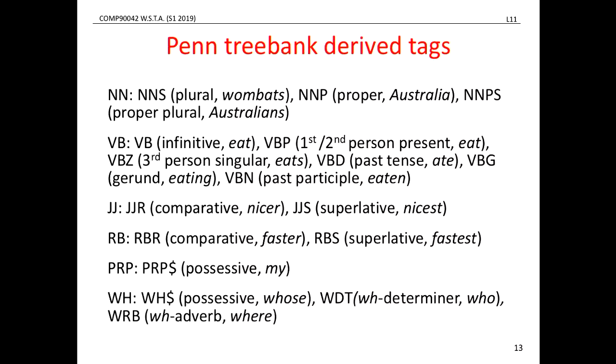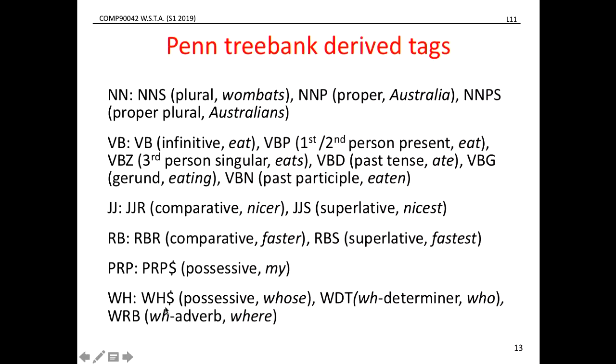So by and large, once you have a look at this, it looks a little bit cryptic to begin with, but once you realize that the first 2 characters usually encode the key information, and the last character or 2 are just basically modifying that slightly. Okay. The dollar at the end indicates a possessive, so going from me to my, you put in a dollar and it means it's something that's owned by, it's possessing ownership.